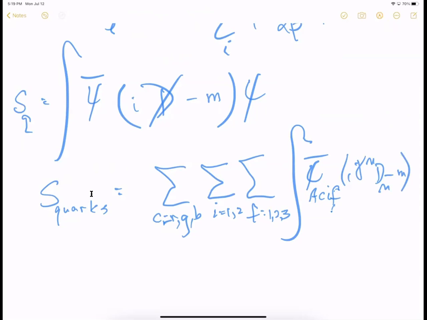Except if I'm going to put in the spinor index, then that gamma mu is really some matrix like this, and I have a psi B over here, and that also has color, isospin, and flavor indices as well. So we're summing over all of these different things. Well, what have we got? We've got 3 colors of each of the 6 quarks, like 18 different fields we're introducing here.